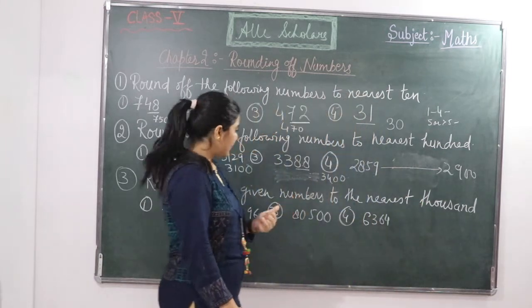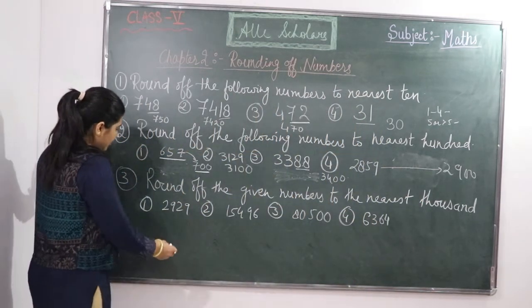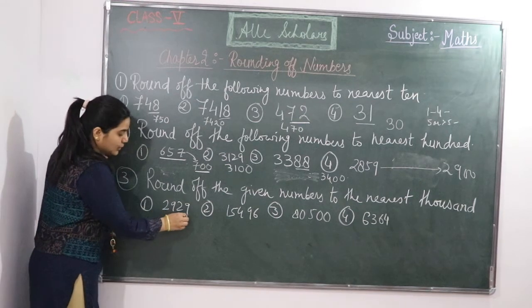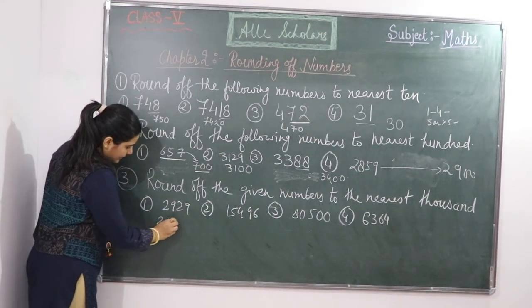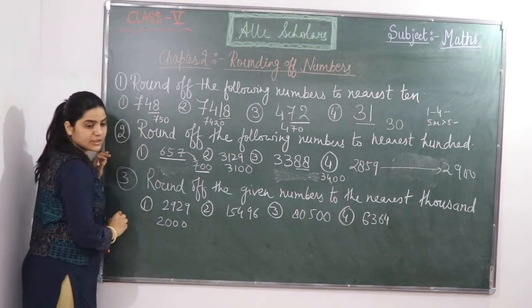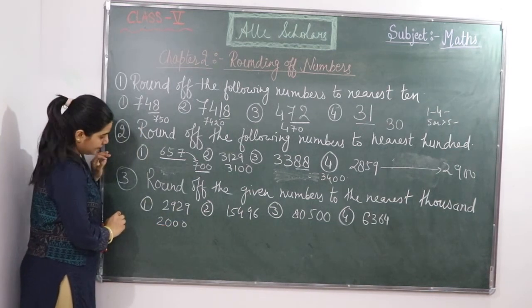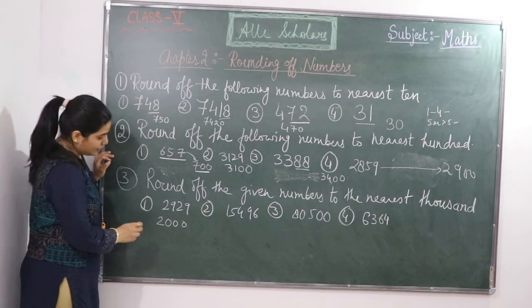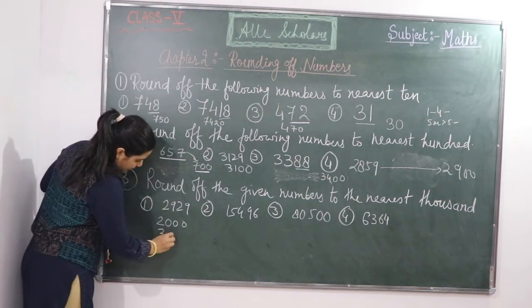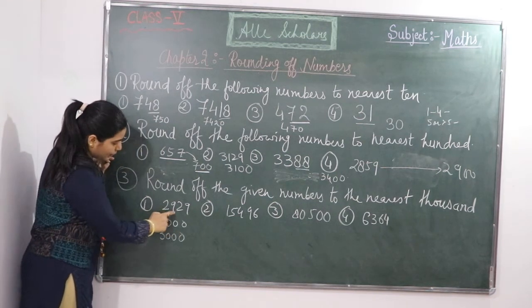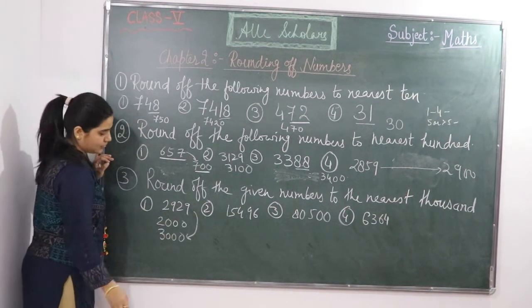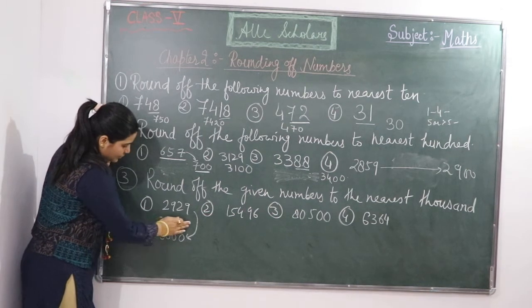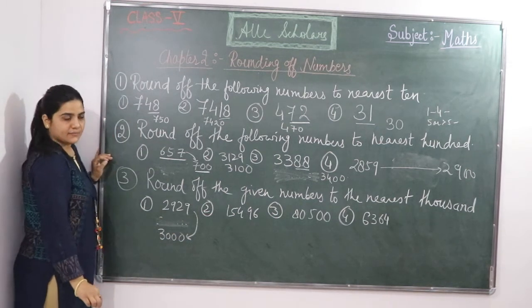Fine. Now next, round off the given numbers to the nearest 1000. This number is 2929. It can give you either 2000 or 3000. 2929 is near to 3000, so this will be the answer.